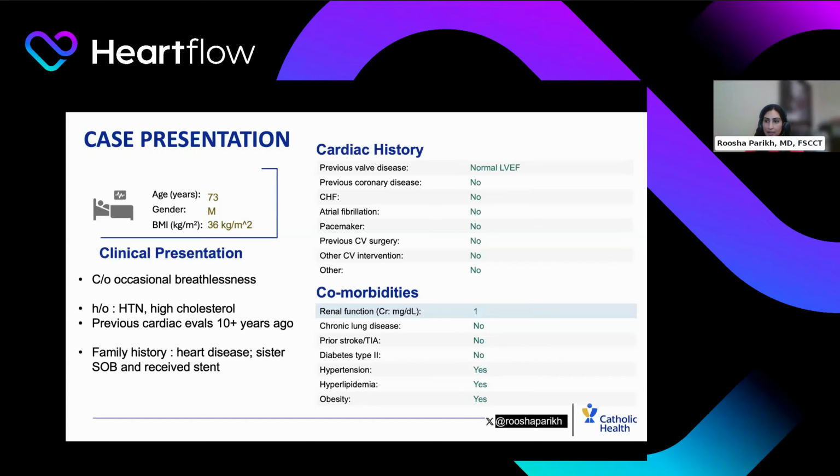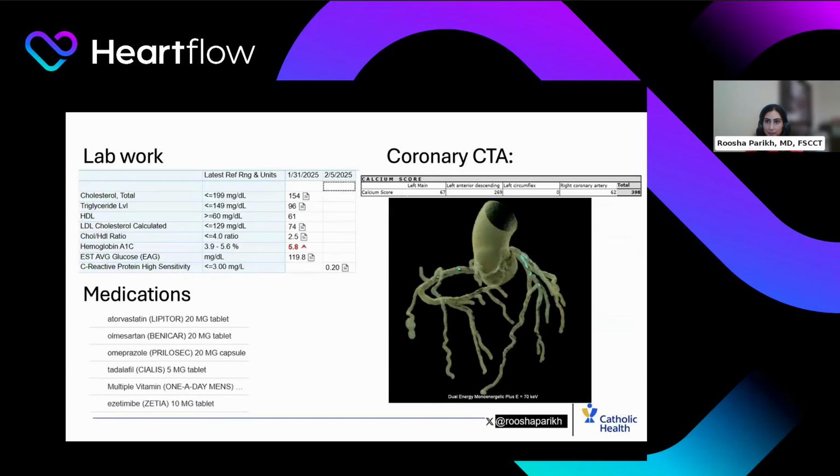Normal EF, and comorbidities, when we talk about CAD: hypertension, hyperlipidemia, and obesity. Taking a look at his lab work, his total cholesterol was 154, triglycerides 96, HDL 61, LDL 74, HbA1c 5.8, and C-reactive protein 0.2.